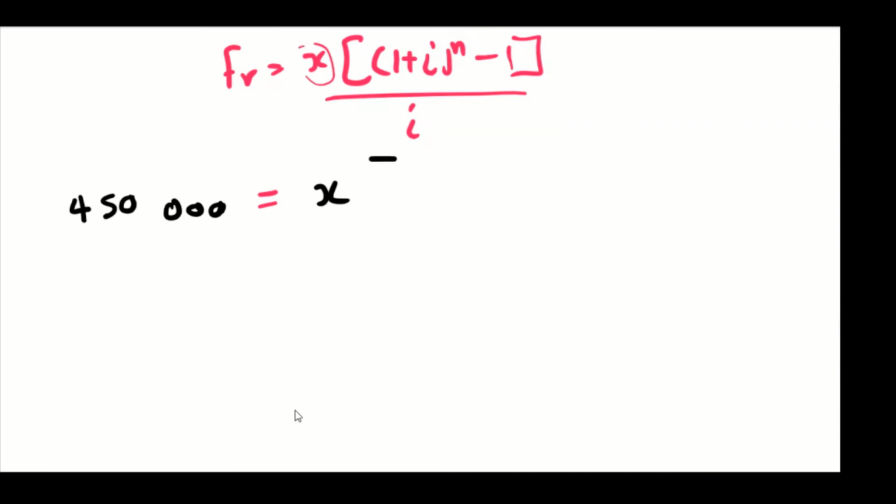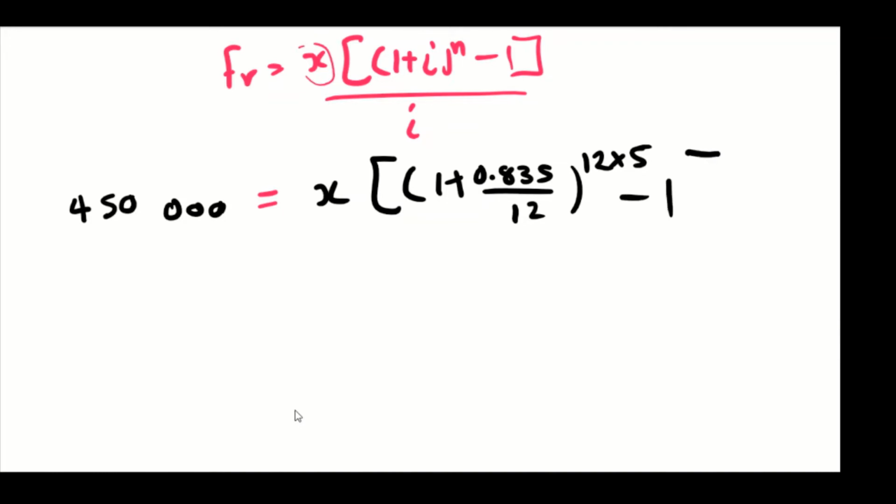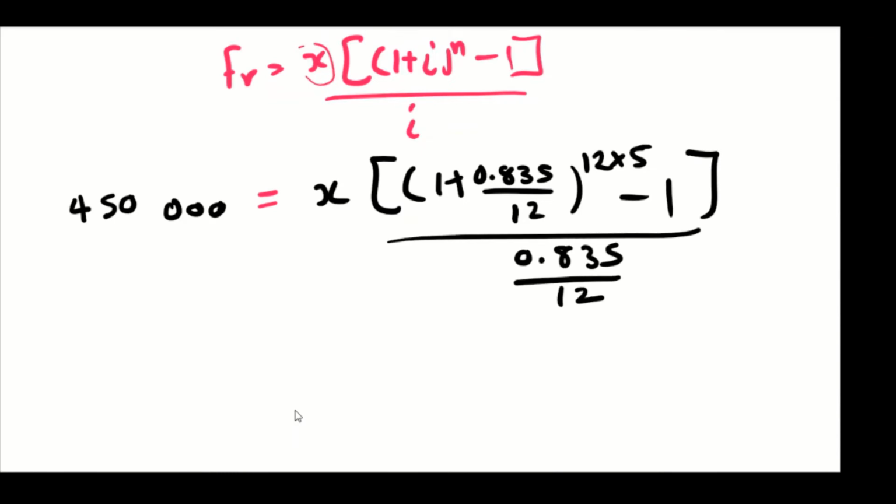So it's x into 1 plus the interest rate, which is 8.35, so it's going to be 0.0835 divided by 12, because it's compounded monthly, to the power of 12 times the 5 years, because from 2013 to 2018 is 5 years, minus 1, divided by 0.0835 over 12.